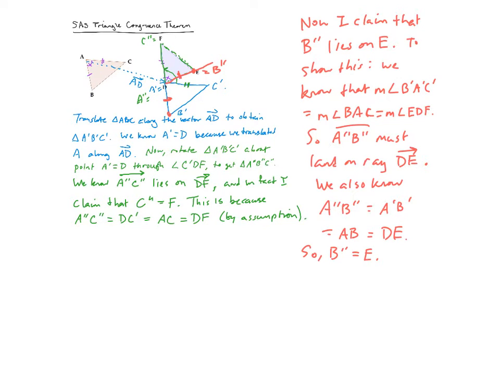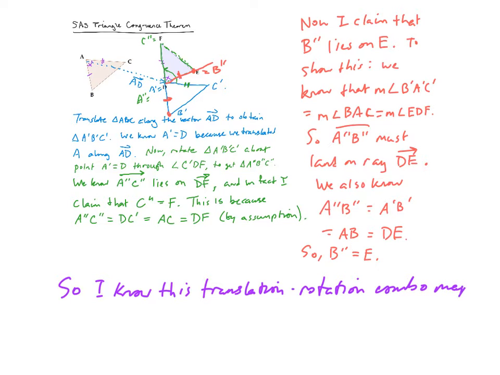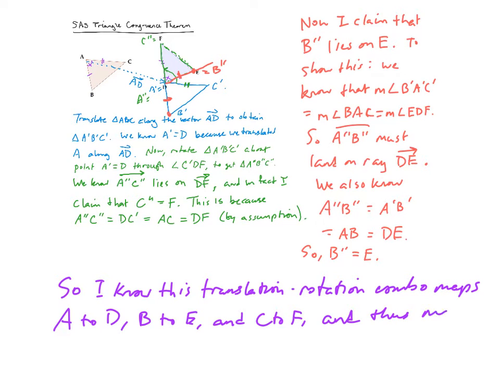But I think I'm just about done. So now I know this translation rotation combo maps A to D, B to E, and C to F, and thus maps triangle ABC to triangle DEF.